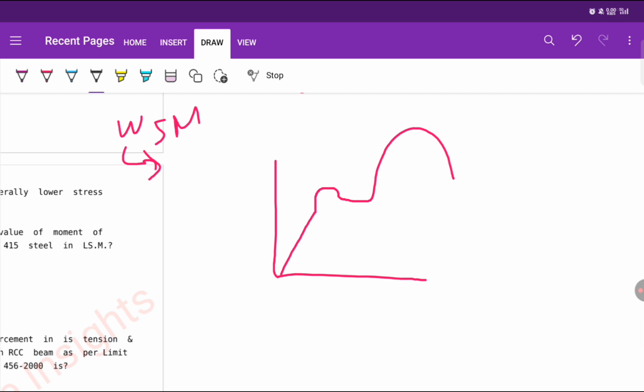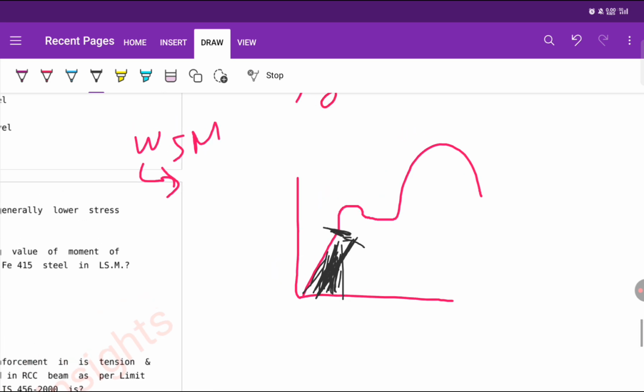We take the strength up to this linear portion; up to that strength is what we consider under WSM.